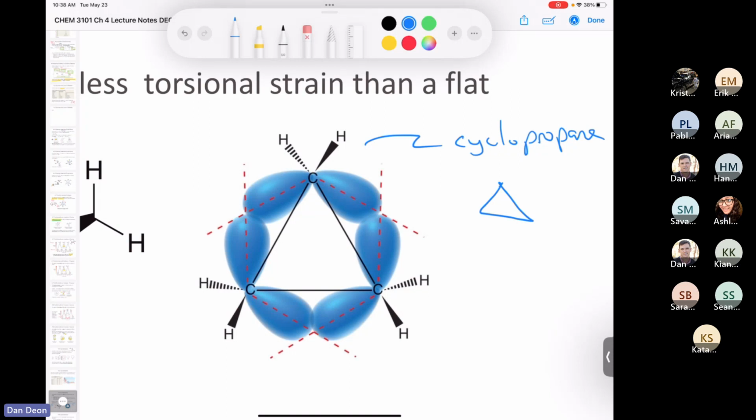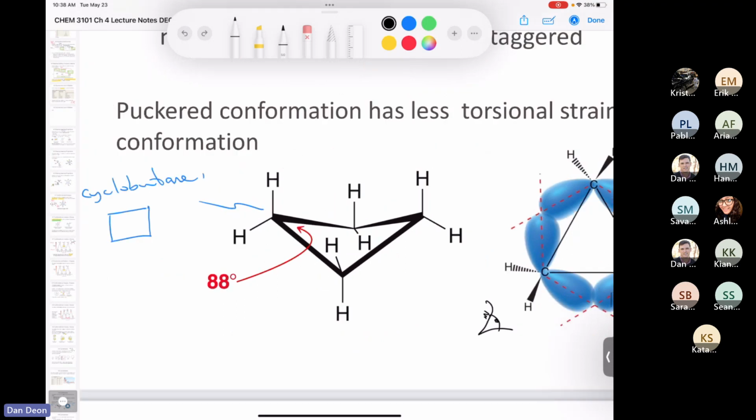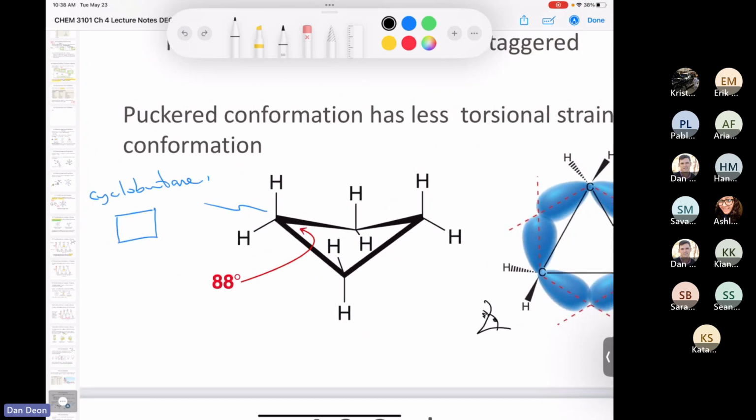But the idea here is that if you look down any one of these carbon-carbon bonds, everything in here is eclipsed, so that's really high in energy. And you can see how the hybrid orbitals have to kind of bend towards each other. So that's all I'm going to say about that. If you look at cyclobutane, it can adopt this kind of puckered conformation where the bond angle is about 88 degrees.